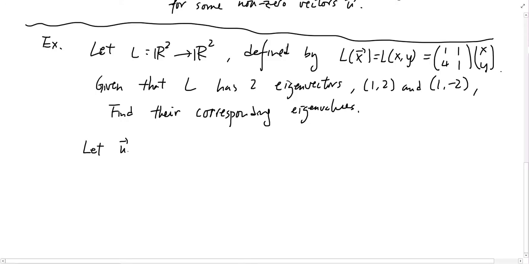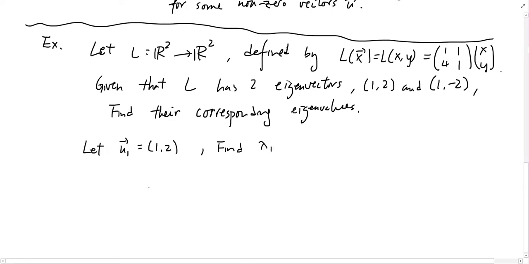Unless I cannot use the letter u, I will almost always use the letter u to represent eigenvector, so it's a little more consistent and easier to follow the math. So I'm going to call vector u1, with the subscript to indicate different eigenvectors of the same function, the eigenvector (1, 2). How do I find the corresponding lambda, which I'm going to call lambda 1?